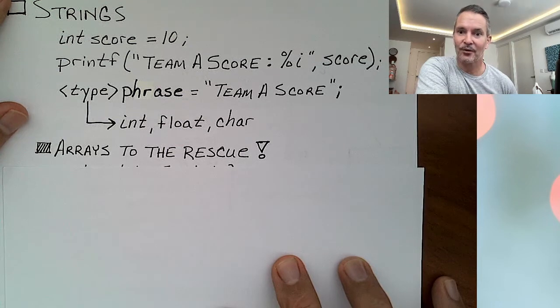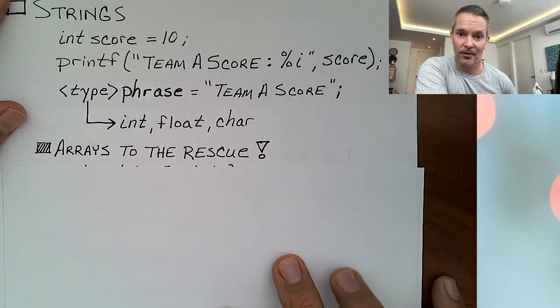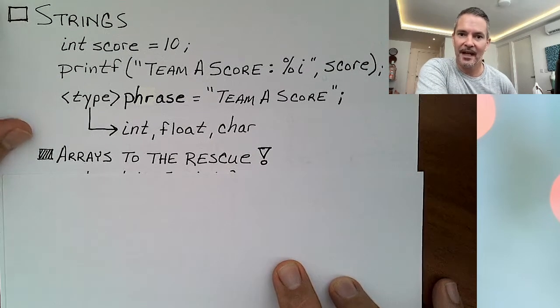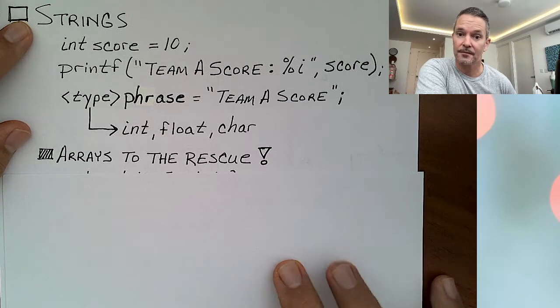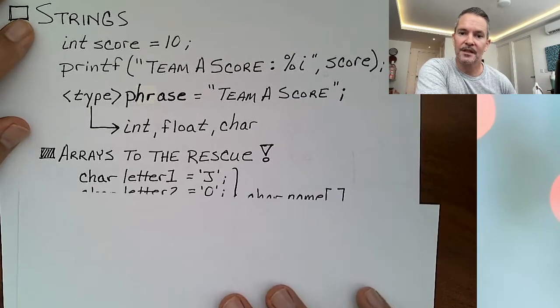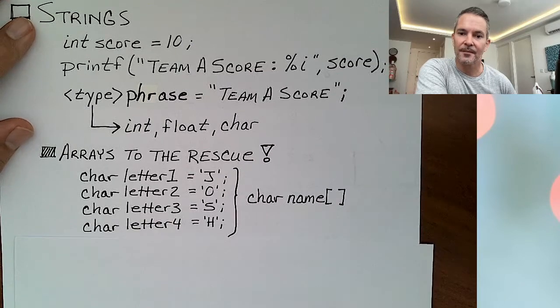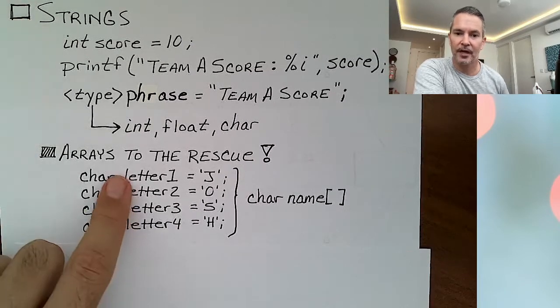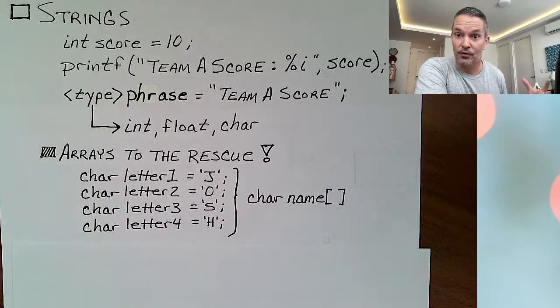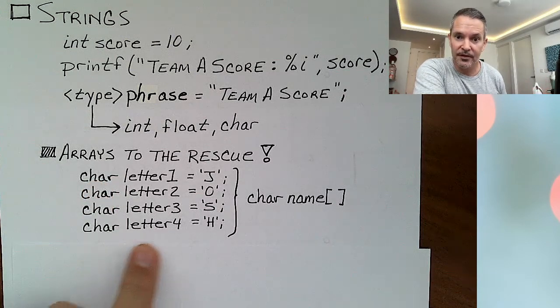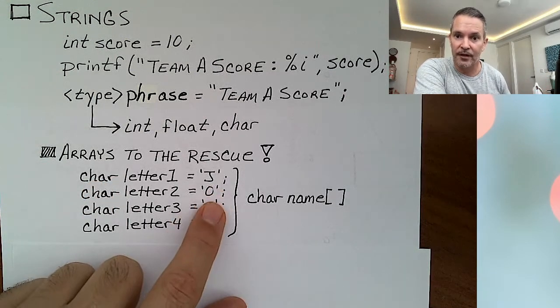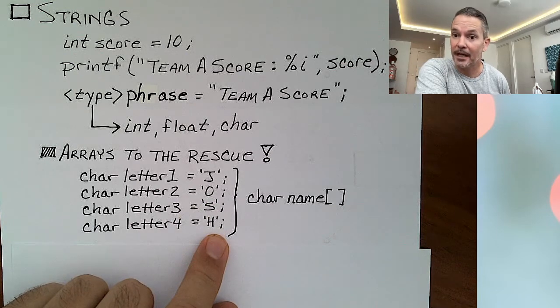We've been learning about arrays in some of our past videos, and we're going to see today how arrays can be used to represent strings. In a really simple way of thinking about this, if I wanted to store my name, I certainly could have created 4 individual variables, and each variable could hold one letter of my name.